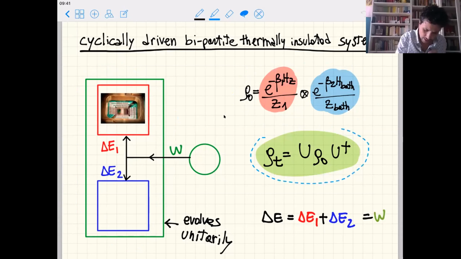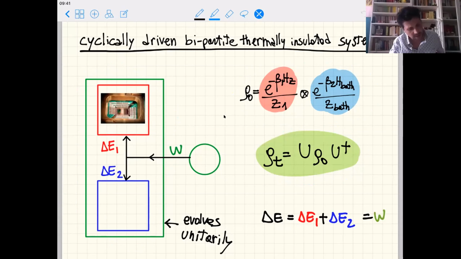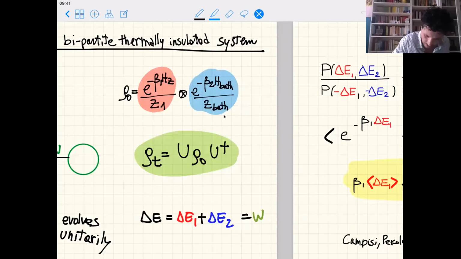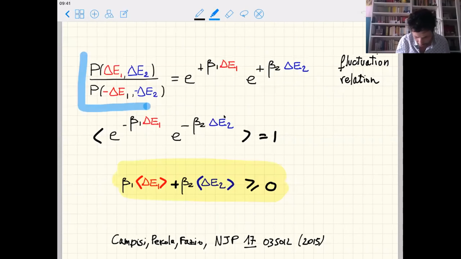Here is the formula. So now the interesting thing is that in any such situation, so for any cyclically driven bipartite thermally insulated system, you have that the fluctuation relation here holds. This thing holds. In any such situation, this is the result that we have proven formally a few years ago.